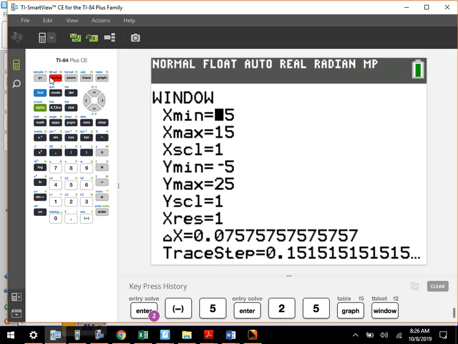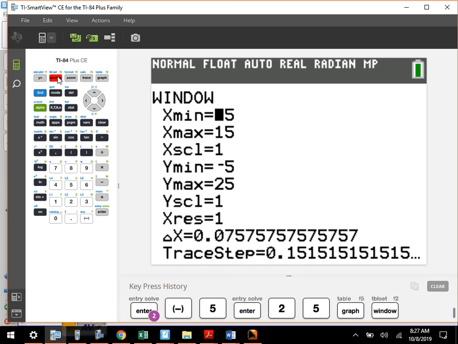What happens a lot of times, guys, you have to fish for the window. You have to play around with it and try to find the entire graph.